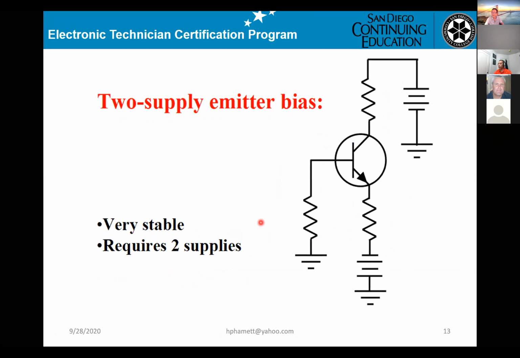Now, emitter bias: if you're looking at that one, you see a power supply here, and also a negative power supply here. Okay, that's very stable. However, it requires two power supplies. They don't want that. They want to use only one power supply. It costs more if you need two power supplies.